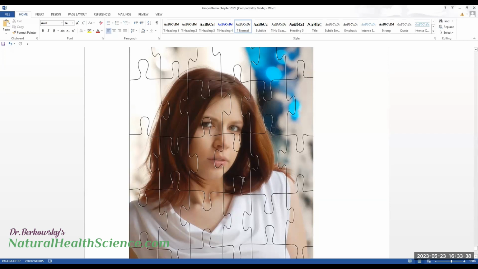So in spiritual PhytoEssencing, you are identifying what are these puzzle pieces that are going to create this image. So first you have to identify, well, what does the image look like?